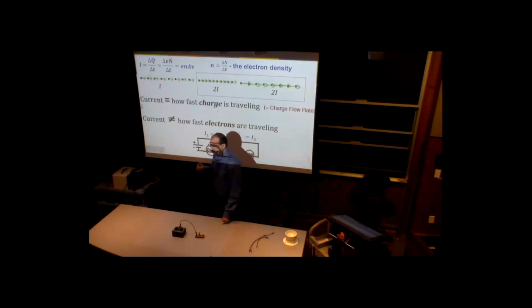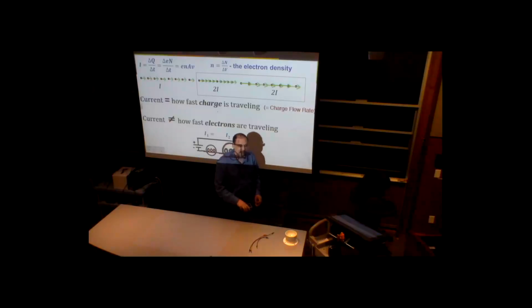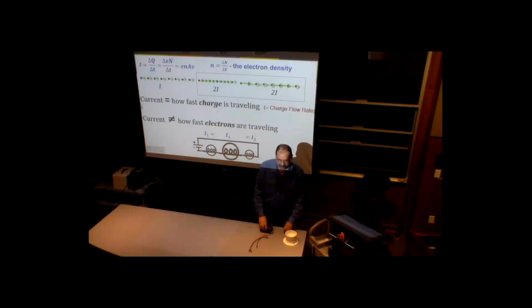Electric current is not just the number of electrons traveling through. It's the number of electrons traveling per second. And the number of electrons inside a specific device per meter or per cubic centimeter might be different.